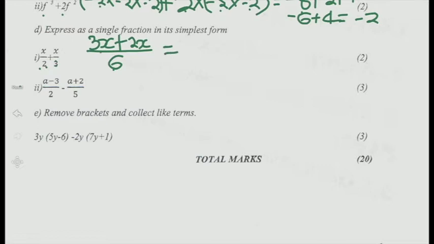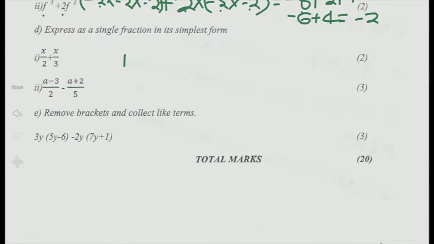So here we have 3x plus 2x will give us 5x all over 6. This is the answer.